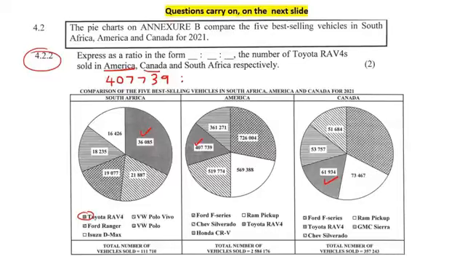Canada is 61,934. And then South Africa. Where are our RAV4s? These ones are 36,085. Wow, there's a lot of RAV4s in America. That's crazy. Okay, and then obviously you don't need to simplify that. It doesn't simplify. That is the final answer.